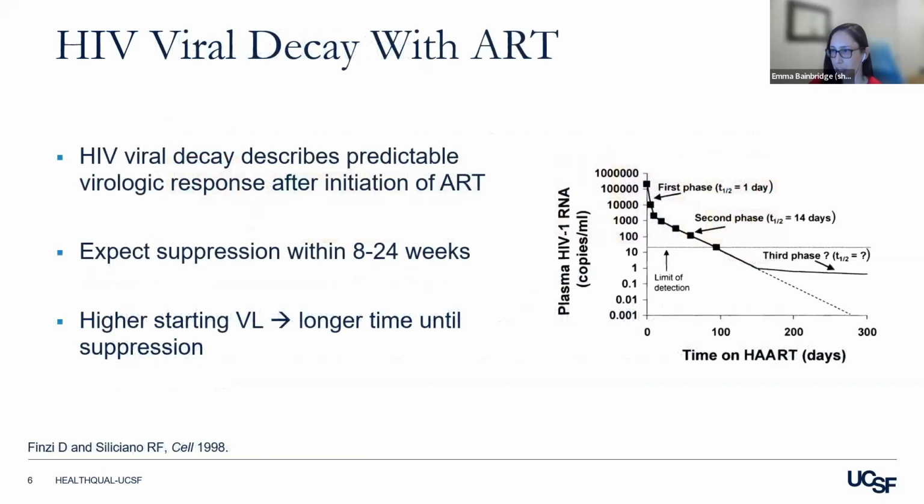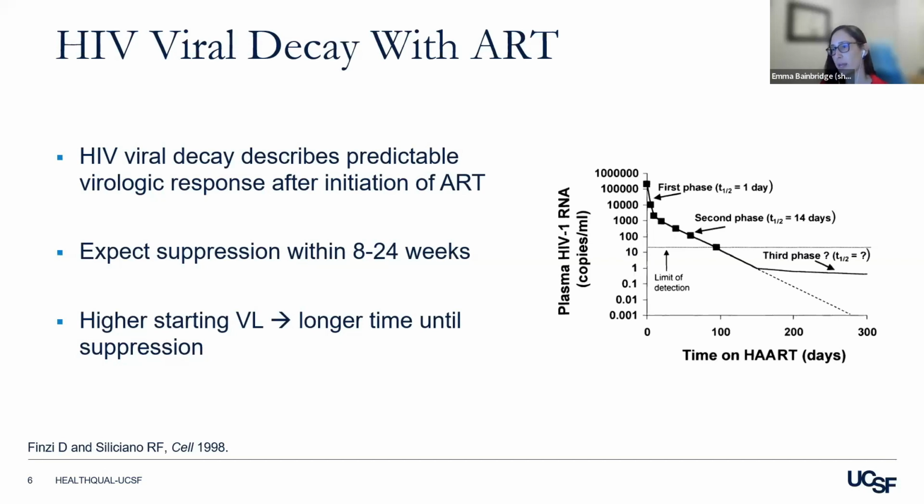So we've talked a little bit about the natural history of HIV, and now I want to talk about what happens if you start ART. And so we'll talk a little bit about HIV viral decay, which is essentially a predictable pattern of virologic response that we see with mathematical modeling that happens after you start ART. And this is helpful because it gives us some context for how long we expect it to take before patients suppress on ART.